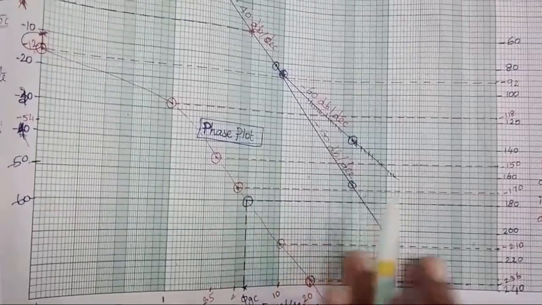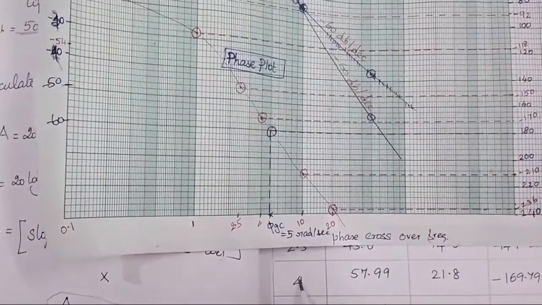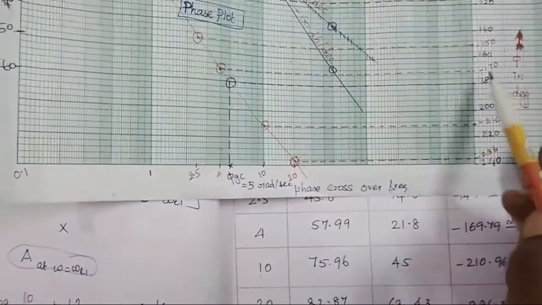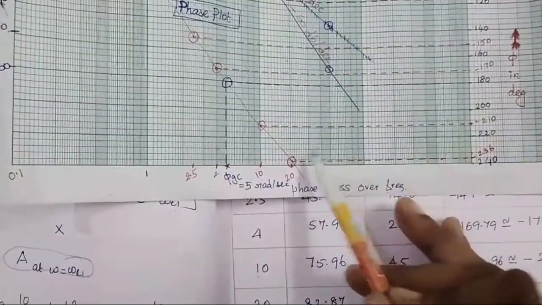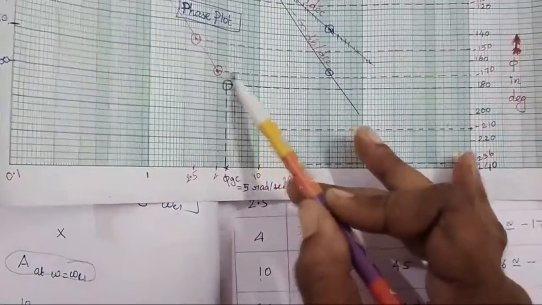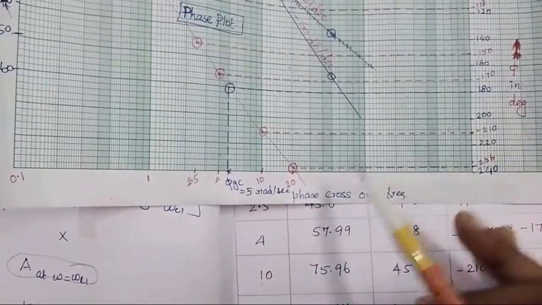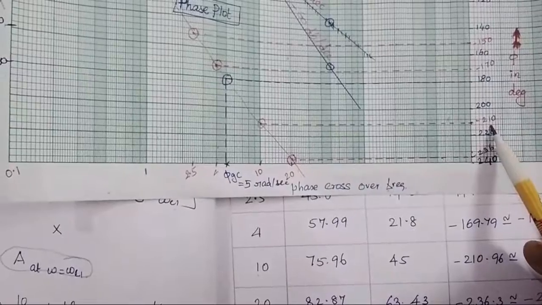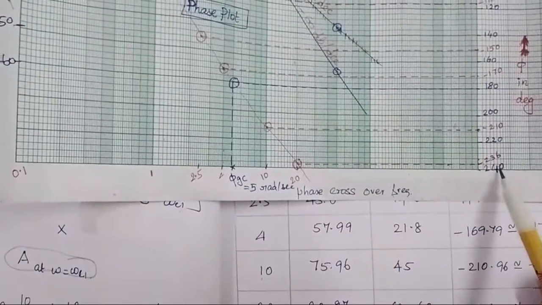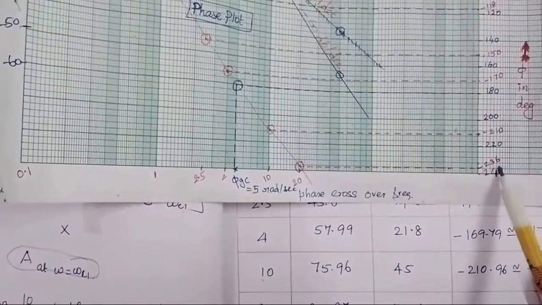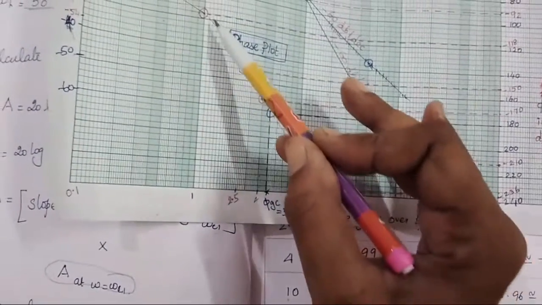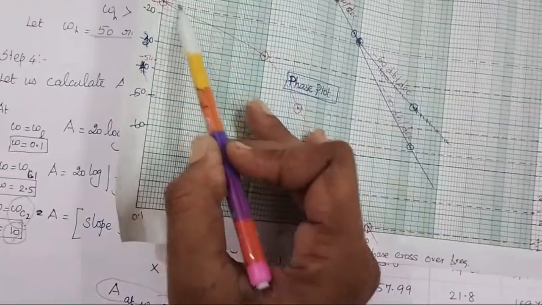Similarly, for 4, 10 and 20: for 4 I have minus 170, for 10 minus 210, for 20 minus 236.